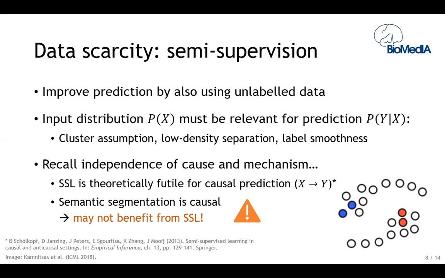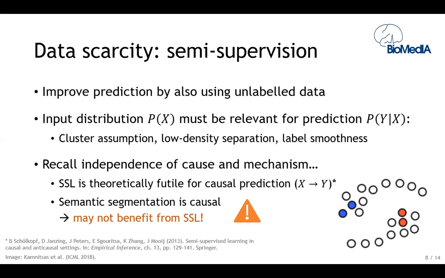So in more technical terms, this is usually formulated in terms of assumptions, which all say the input distribution P of X must be relevant for the prediction P of Y given X, right? Otherwise, it makes no sense to collect more data to have a better picture of P of X. Now, if you think back on that principle of independence of cause and mechanism that I mentioned before, when X causes Y, so for causal prediction, then P of X should be completely uninformative with respect to P of Y given X. So in theory, SSL is pointless for causal prediction tasks.